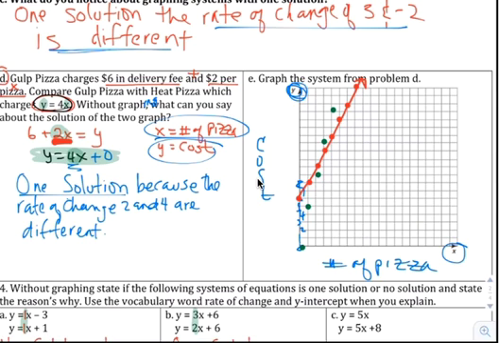Uh-oh, I made a mistake. Let's see. Y-intercept is at 0, 0. Up 4 over 1. Up 4 over 1. Up 4 over 1. Right there. See how the red and the green meet up? That's your solution.